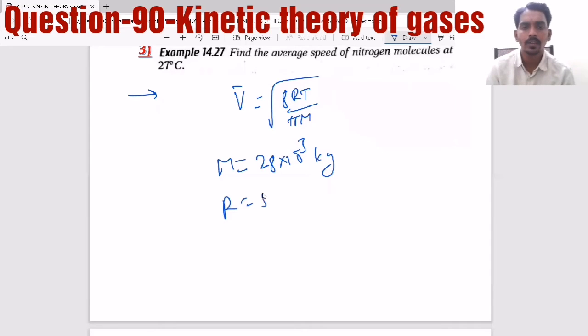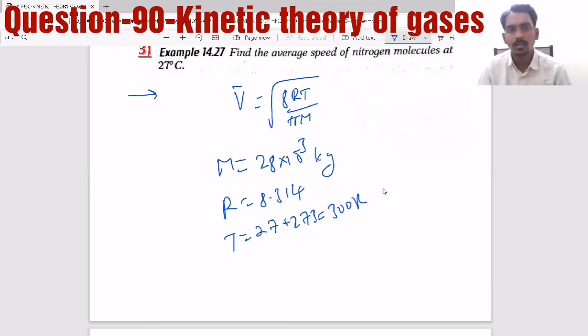Now capital R is 8.314 and temperature 27 degrees Celsius means 27 plus 273, 300 Kelvin. Now just substitute all the values, then you can calculate. But while doing the calculation, I used to say take the approximation, then only you can do the calculation easily.